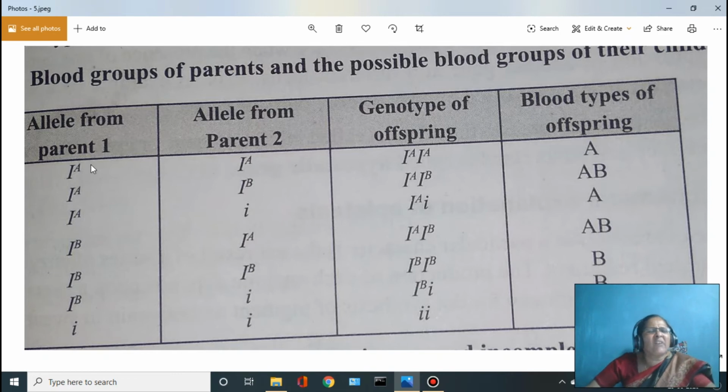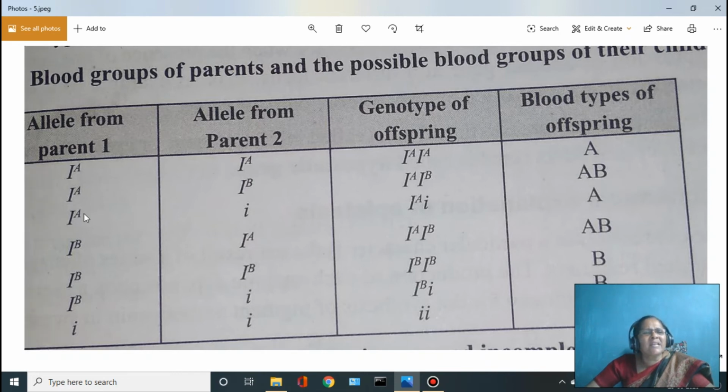One parent is A and is married with an A individual. Both are homozygous, so the parents have the genotype IA IA and the offspring is A. If one parent is A and the other is B, the progeny has genotype IAIB and blood group AB.